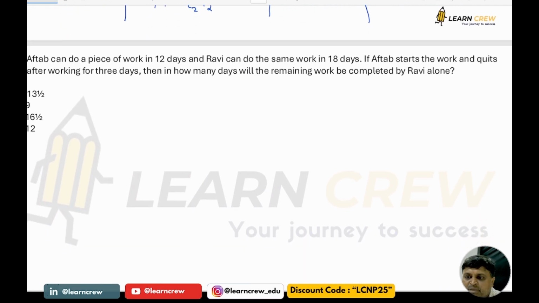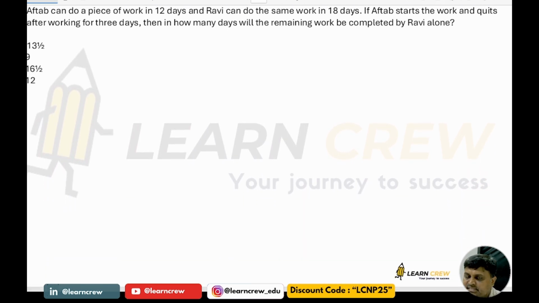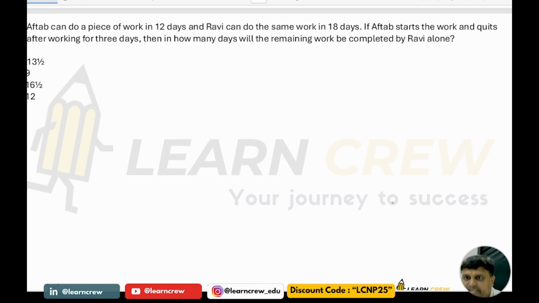Aftab can do a piece of work in 12 days, and Ravi can do the same work in 18 days. If Aftab starts the work and quits after working for 3 days, then in how many days will the remaining work be completed by Ravi alone?